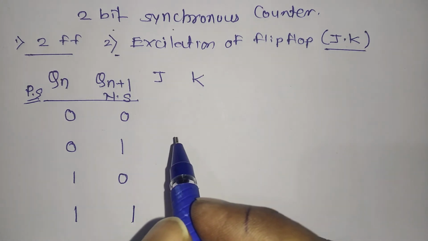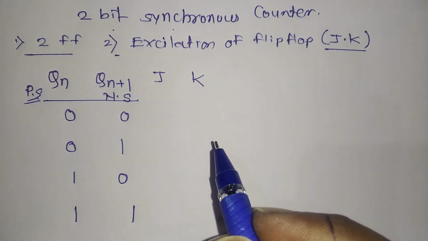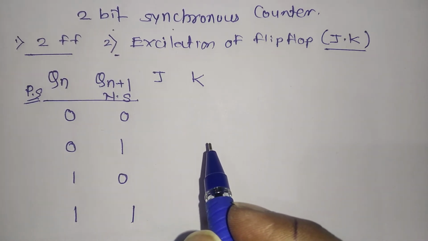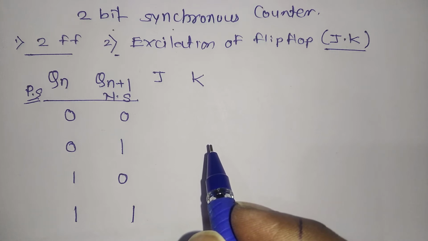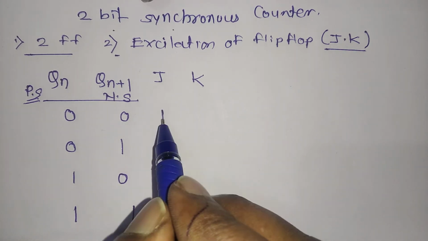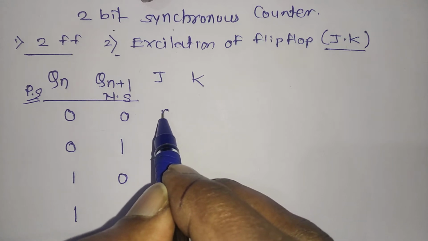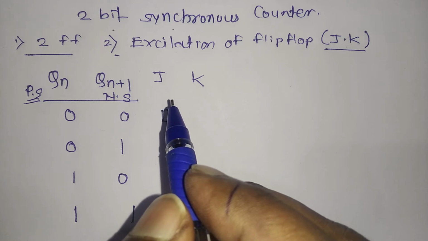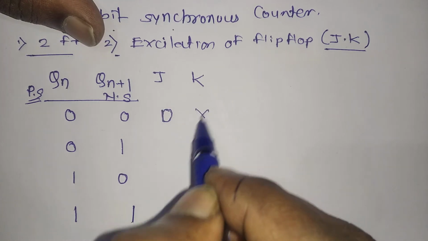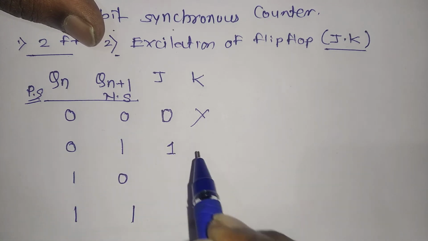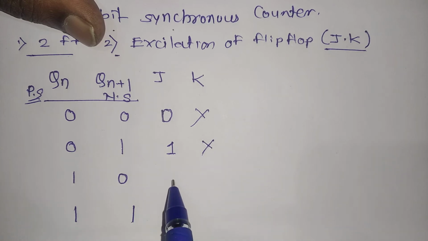Now, the excitation table of JK is like this. We have 0 0: J is 0, K is don't care. Then 0 1: J is 1, K is don't care.